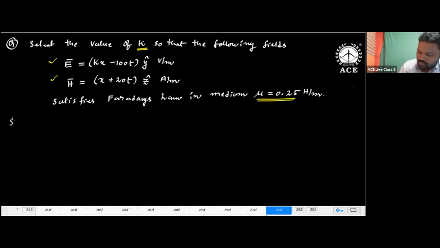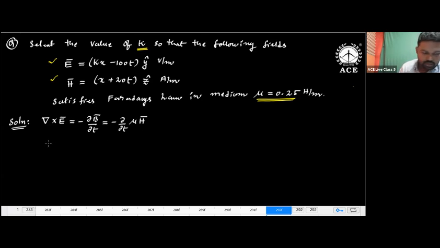So what is Faraday's law, beta? Del cross E is equal to minus dou B by dou t, which is equal to minus dou by dou t of mu into H. The mu value is 0.25, right?